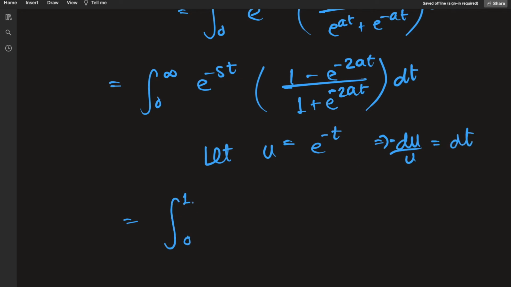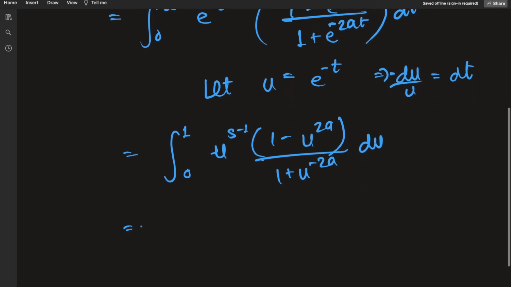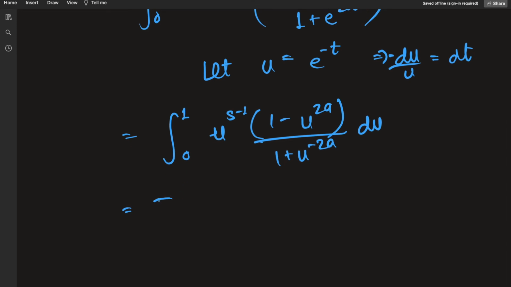Just have the integral from 0 to 1 of u raised to s times 1 minus u raised to 2a divided by 1 plus u raised to 2a. This will be minus 1 because of this dividing u du. Again use the geometric series.